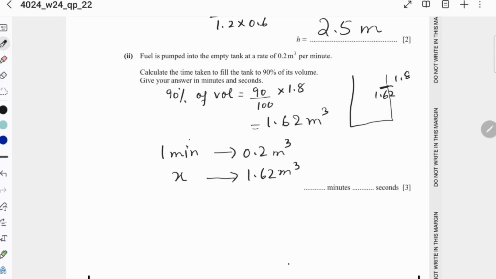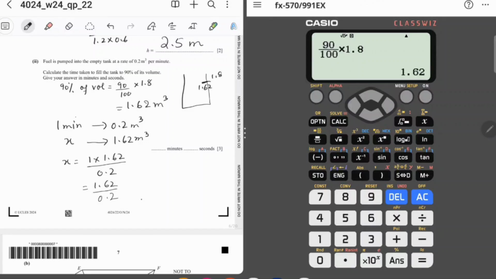Then you just cross multiply, the ratio method, and x will be equal to 1 times 1.62 divided by 0.2, means 1.62 divided by 0.2. It becomes 81 over 10, or 8.1 minutes.